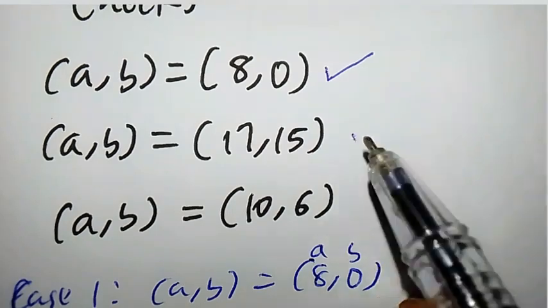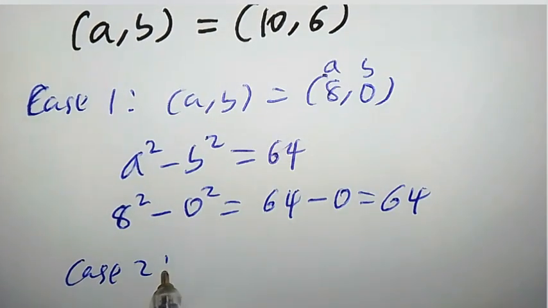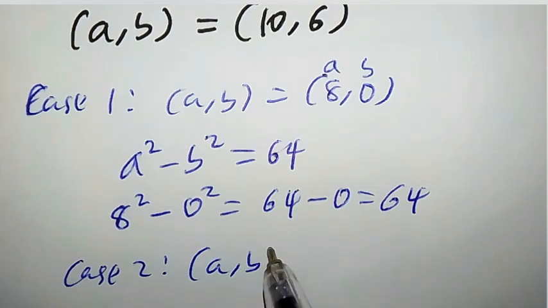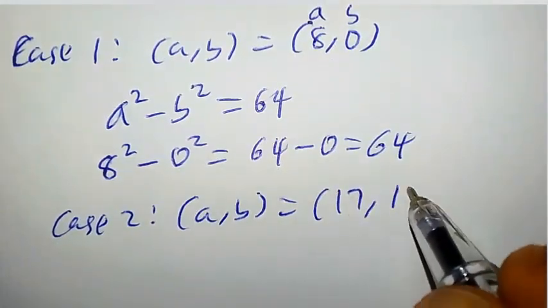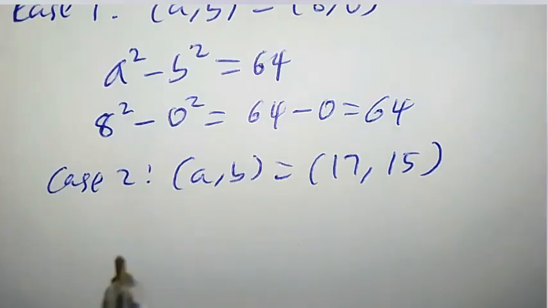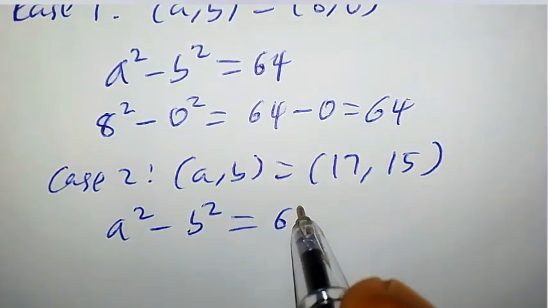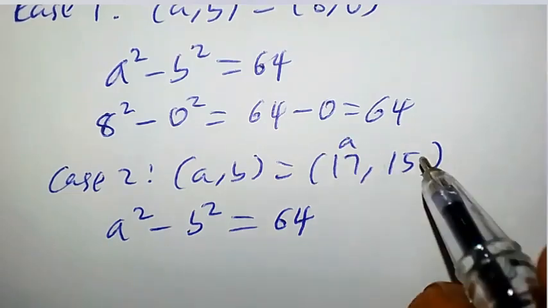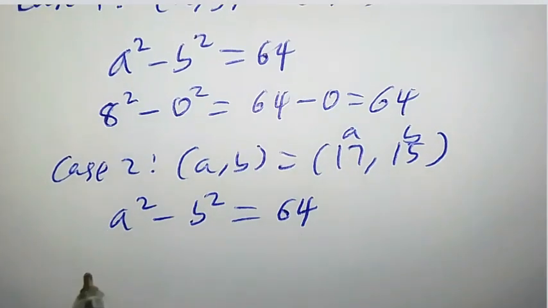So let's consider the second case now. To verify the second case, a comma b is equal to 17 comma 15. The original question says a to the power of 2 minus b to the power of 2 equals 64. Clearly, a is 17, b is 15. So let's substitute into the left hand side.